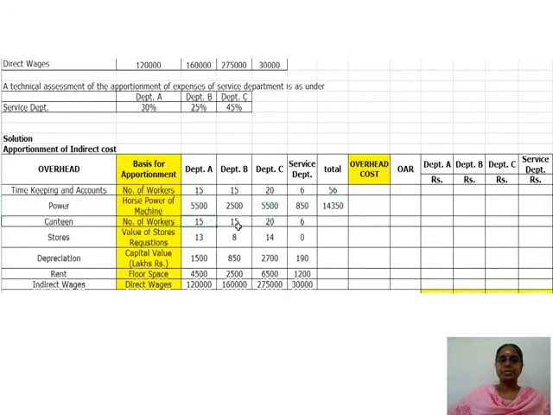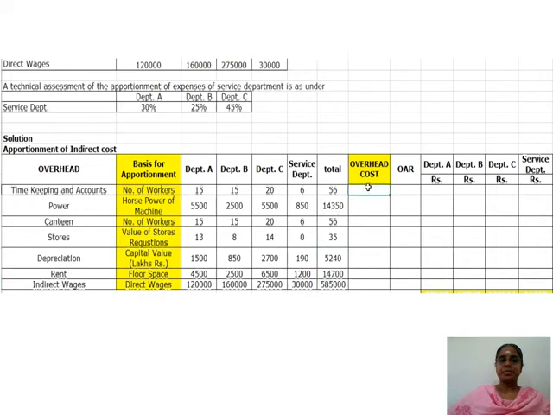Then 15 plus 15 plus 20 plus 6, the same we have here, again the number of workers. Then the value of store requisitions: 13 plus 8 plus 14 plus 0. We have the total here as 35. Then similarly the totals for the rest. I want you to do the sum. You can pause and do the sum and check if it is correct.